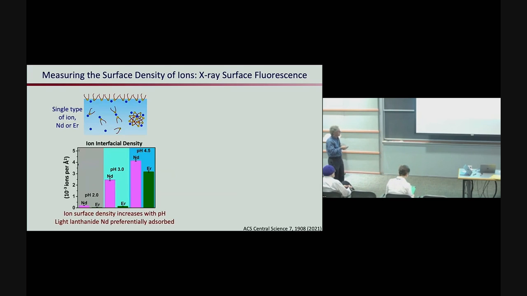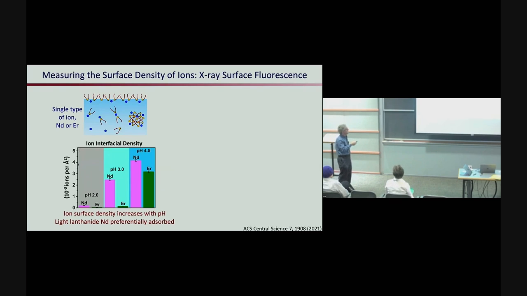The first thing that I notice when I look at this is that the neodymium is found at the interface to a much greater extent than the erbium for all of these pHs. That was surprising because what we had in mind is that if we had an organic phase here, the ions would be extracted into the organic phase. Since the erbium is extracted much more efficiently, you should find it more often at the interface. Of course, we've taken the organic phase away, so maybe we've completely screwed things up.